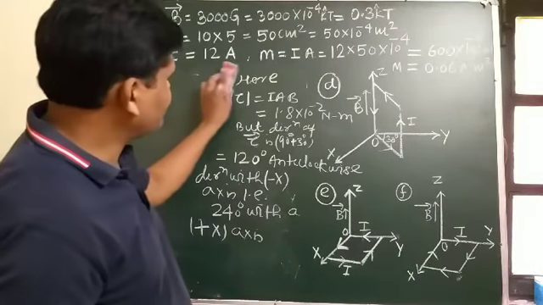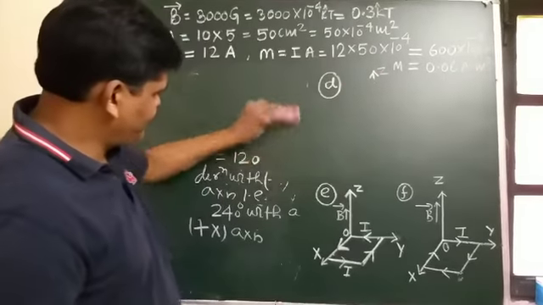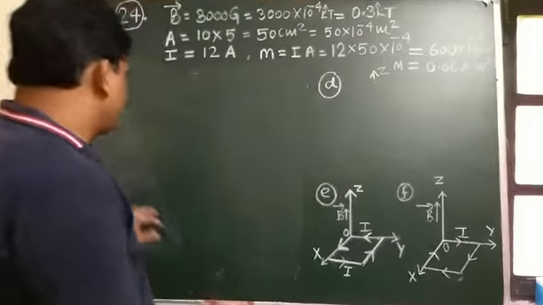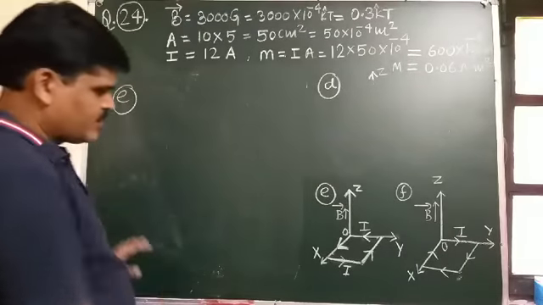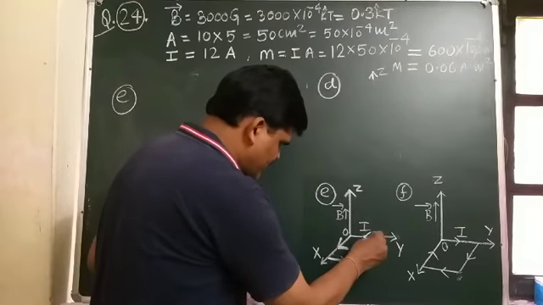And student, next one is case E. See that first we find the direction of magnetic moment.